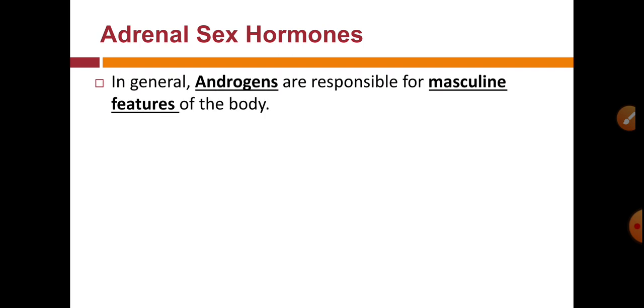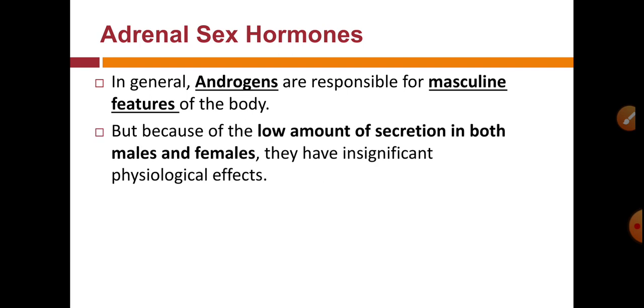In general, androgens are responsible for masculine features of the body, because these are the male sex hormones, and male sex hormones are responsible for the development of masculine features. But because of the low amount of secretion in both males and females, they have insignificant physiological effects.